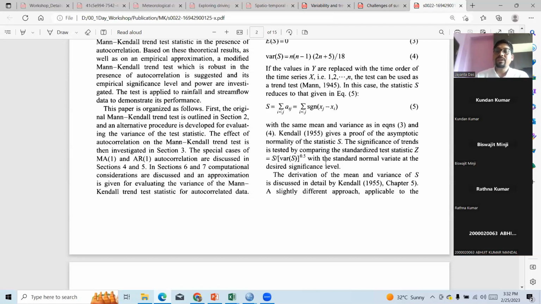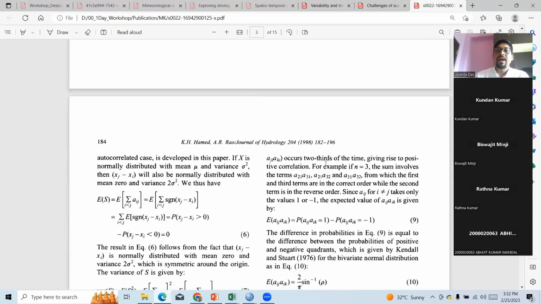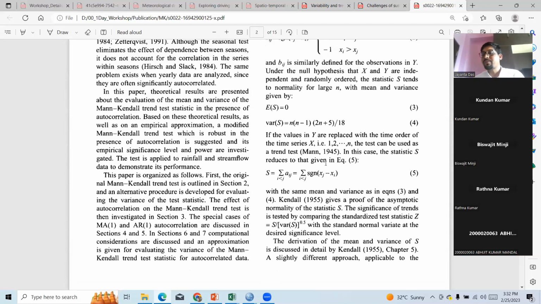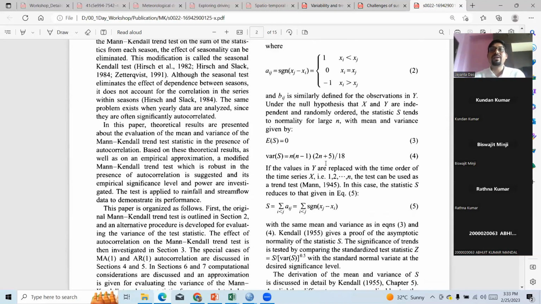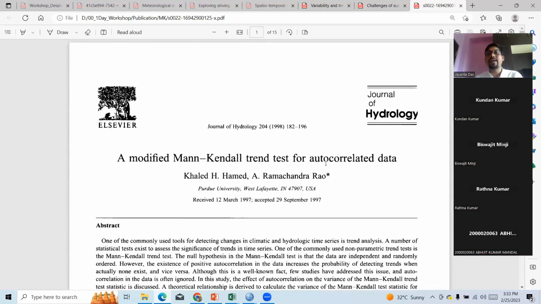We can use this technique. I have prepared one R code for calculating this Mann-Kendall and modified Mann-Kendall test. To decide when we use Mann-Kendall and when we use modified Mann-Kendall, we have to calculate the autocorrelation function, in short the ACF test. Then we can decide whether this data fits the Mann-Kendall test or the modified version of the Mann-Kendall test.